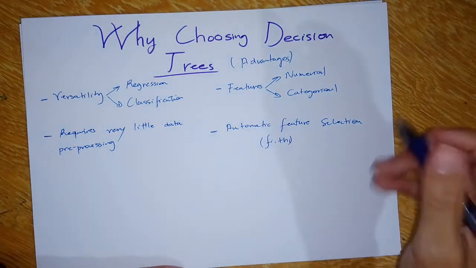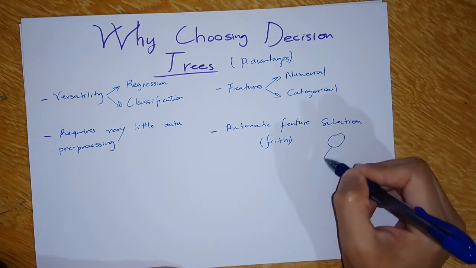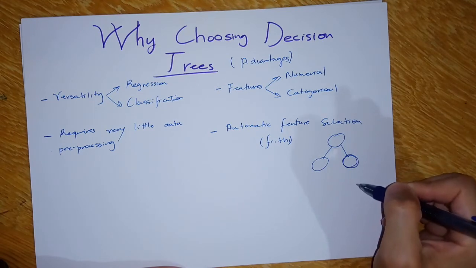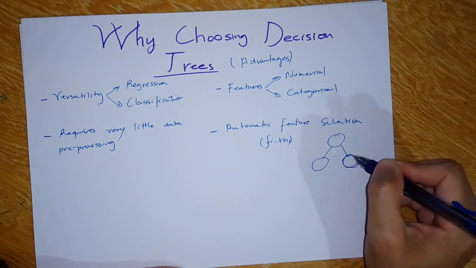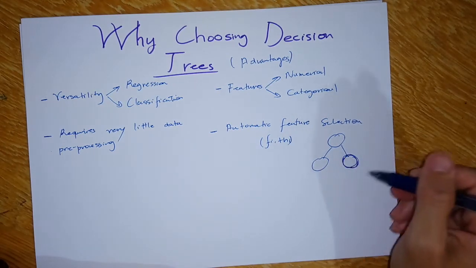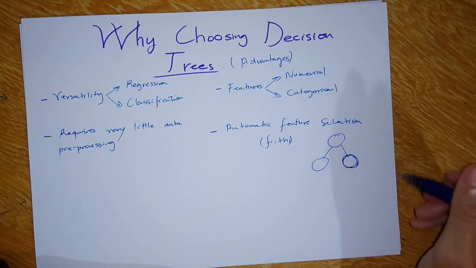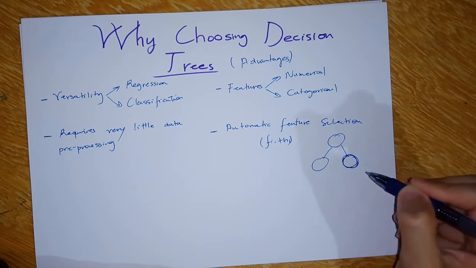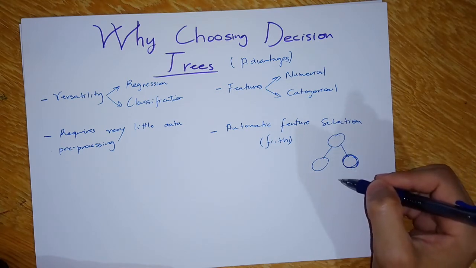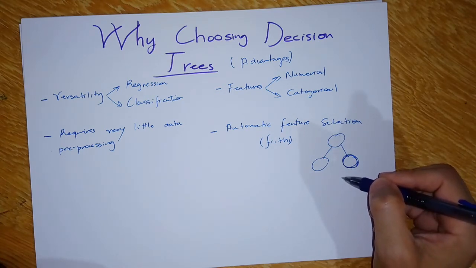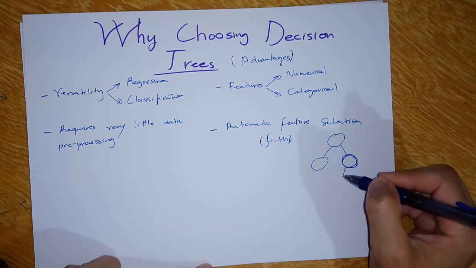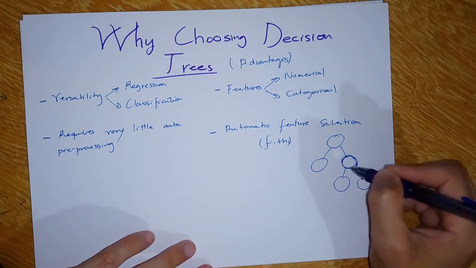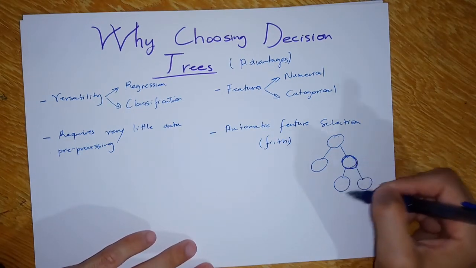For example, when we have a tree like this one, before growing the tree, we need to verify a given condition. For example, if the information gain or the impurity is not decreased after splitting this node, then we do not split this node into two leaves.